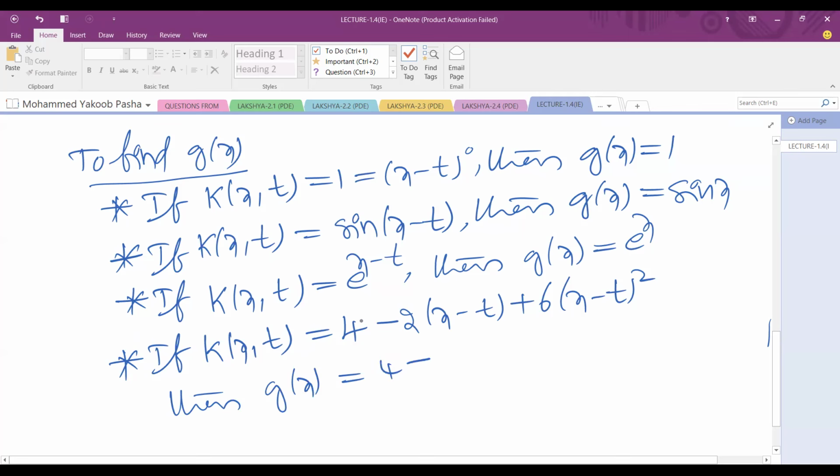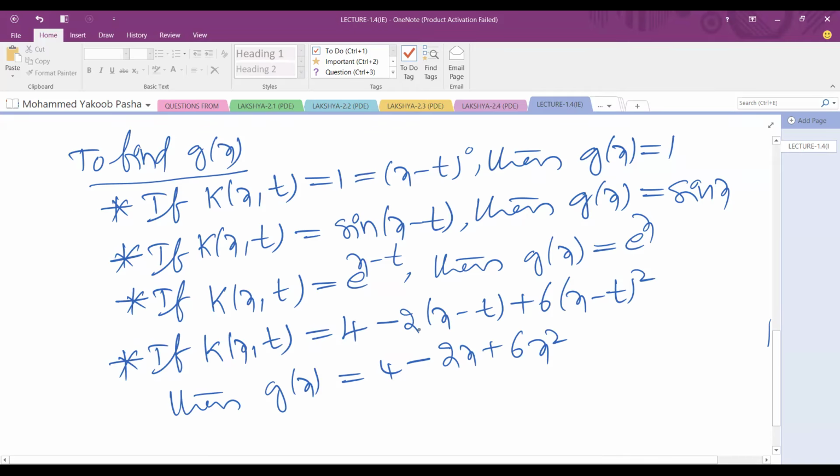When 4 is constant, that becomes 4 only. So here the x term is 2x, and here the x term is 6x square, while opening a minus b whole square. Like this, we can take the g of x value.